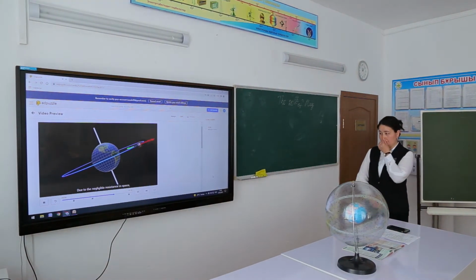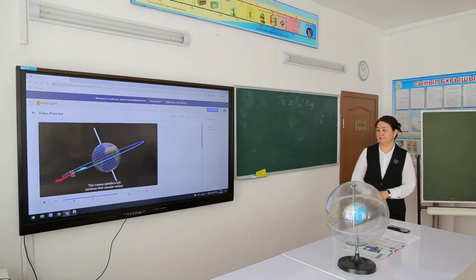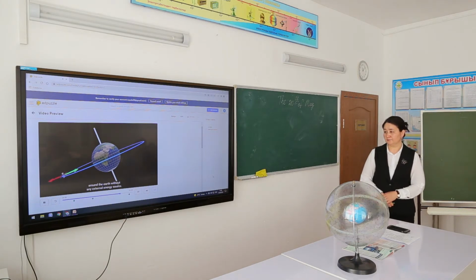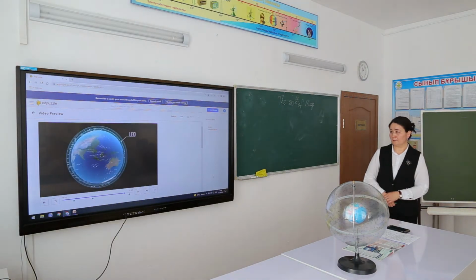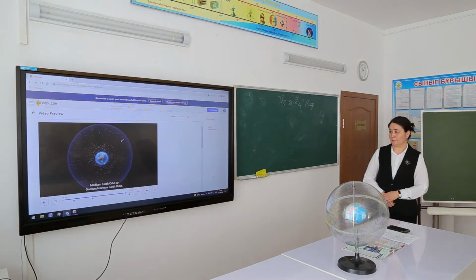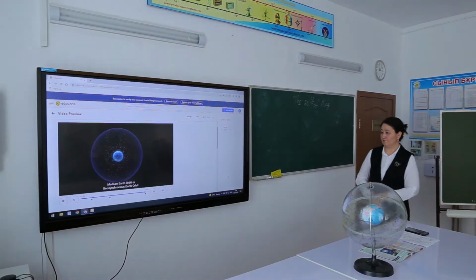Due to the negligible resistance in space, satellites never lose speed. This means satellites will continue their circular motion around the Earth without any external energy source. Satellites are placed either in low Earth orbit, medium Earth orbit, or geosynchronous Earth orbit.